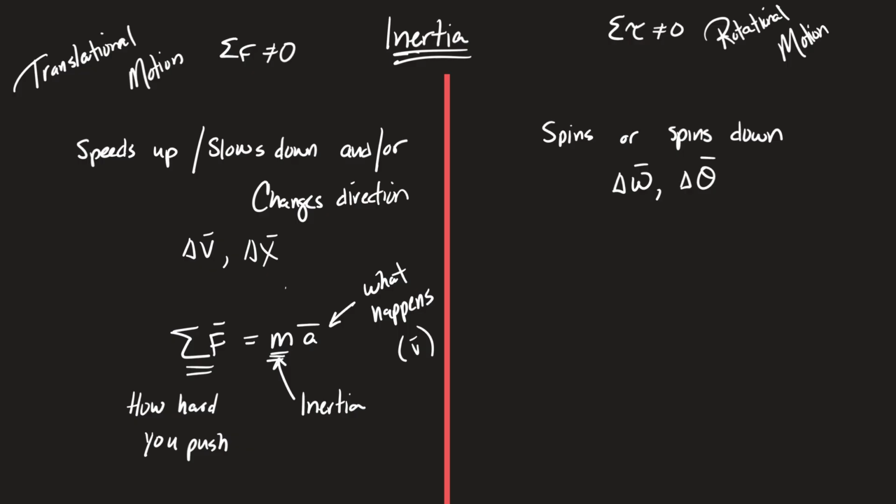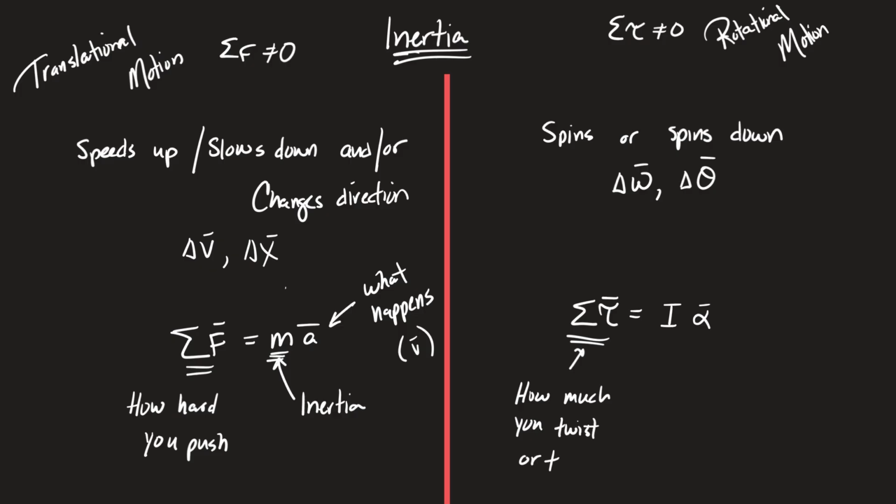Now, this is also true when we talk about torque. Some things are harder to twist than others. It's all the same. I mean, these statements, it's different letters. I get that it's different letters, but this part right here, this is how much you twist or turn.